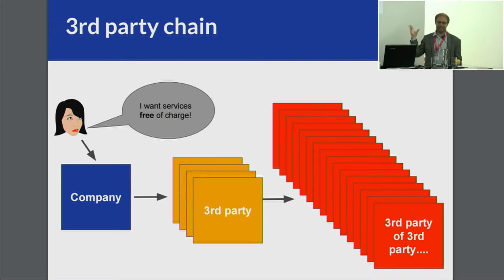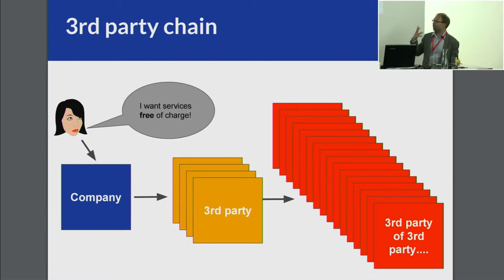So this is basically the problem. The company provides some service, maybe it's a free service, they need to monetize that through ads, for example. They include a couple of ad providers, and those ad providers will directly and indirectly source in a lot of other third parties, either through audience beacons or as trackers running inside of the ads and so forth.